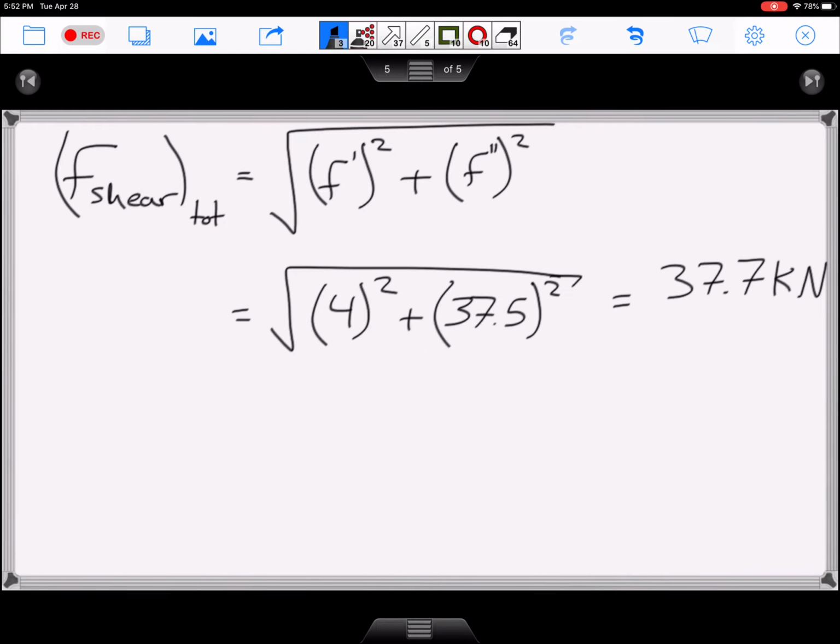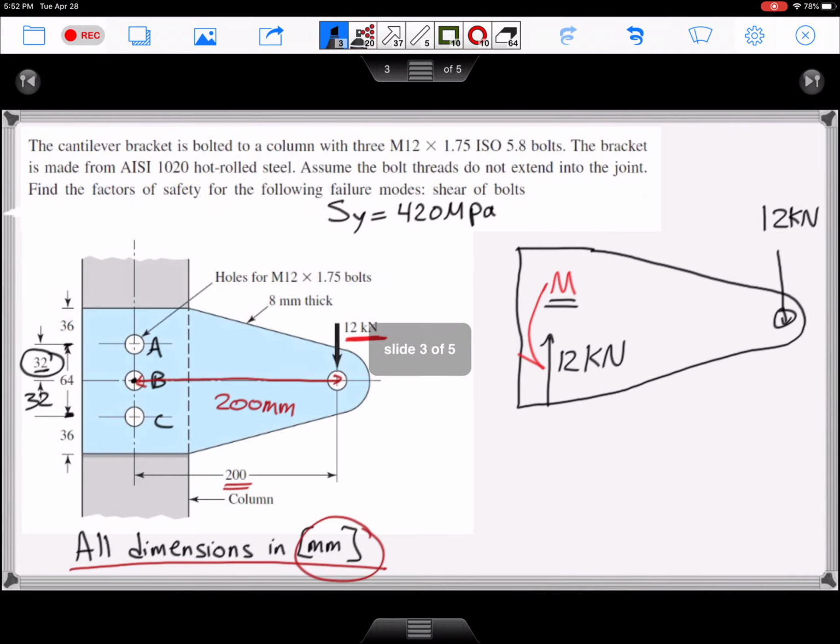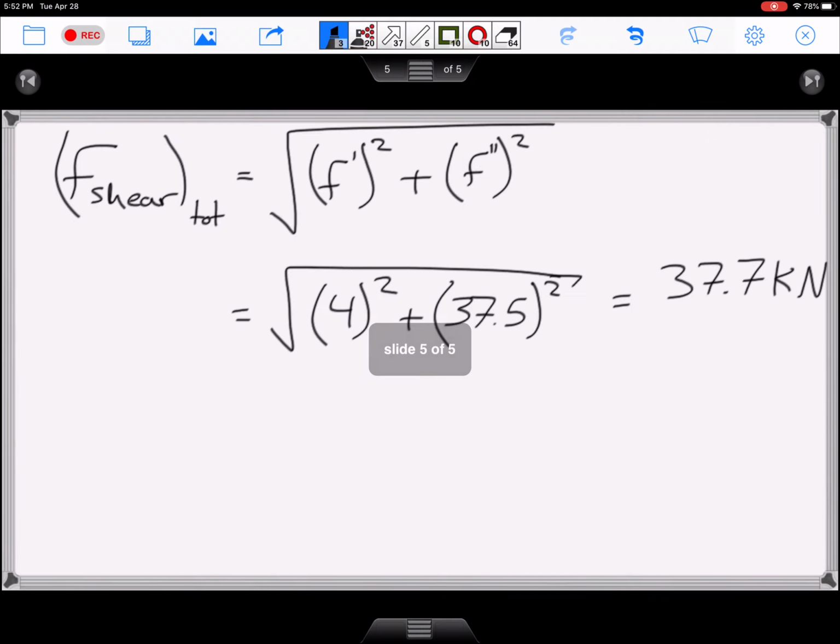Okay, we found the total shear force. What about the stress? Remember, the problem asked to find the factor of safety. And factor of safety, if you remember, is governed by this equation: Sy over the normal stress. But in our case, we're dealing with shear stress.